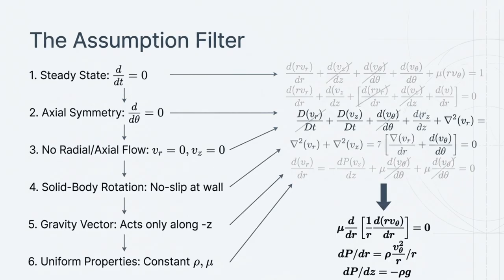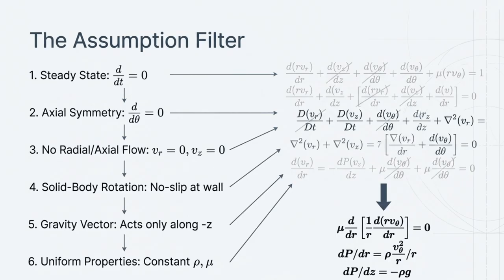And there is no radial and axial flow, therefore Vr and Vz will be equal to 0. No slip boundary condition will be applied, and the gravity will be only in the z direction. Therefore, gz will be equal to minus g. Also, the viscosity and density of the fluid will be constant.